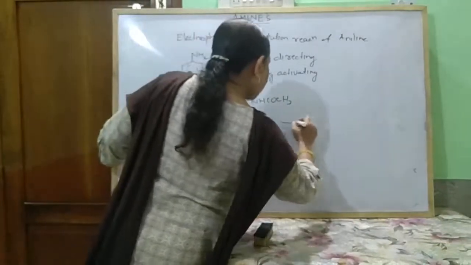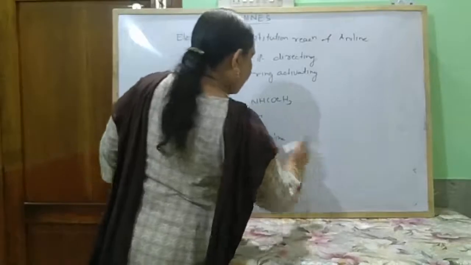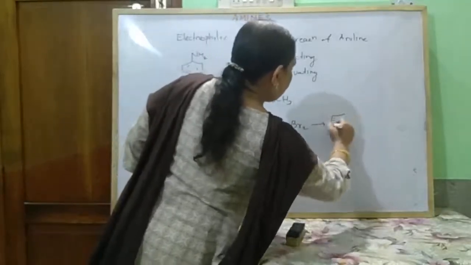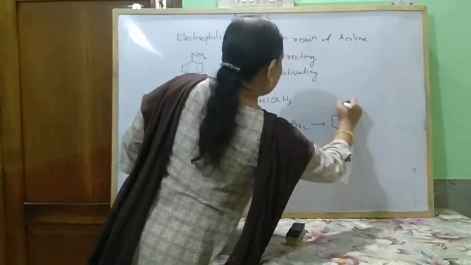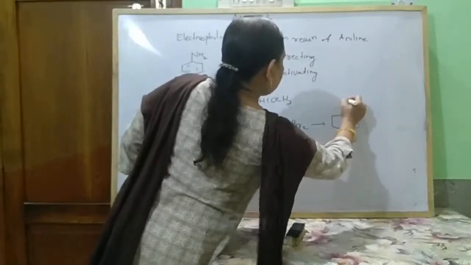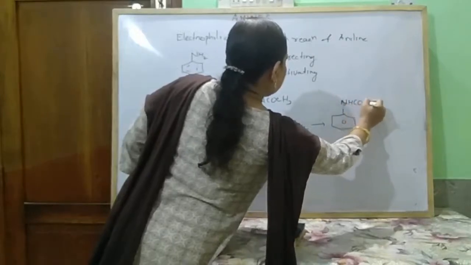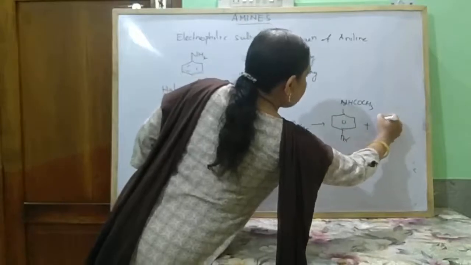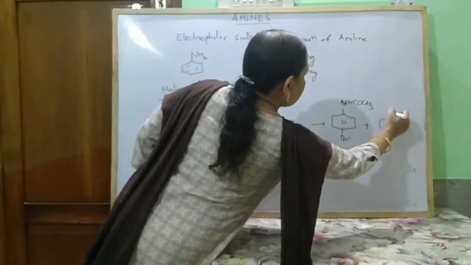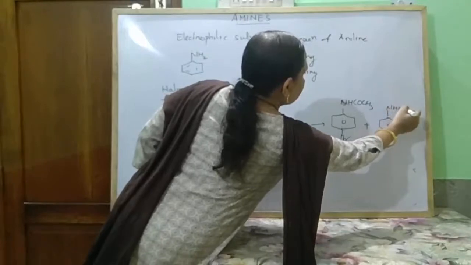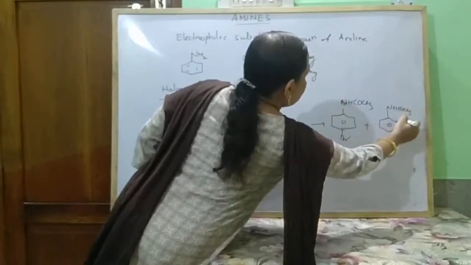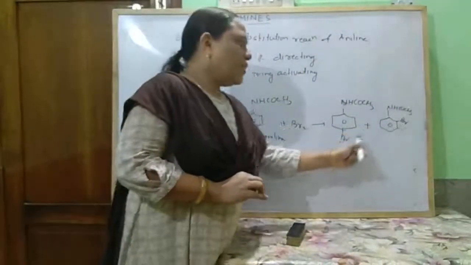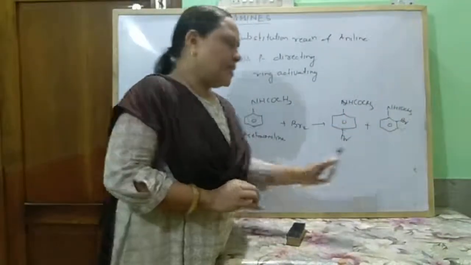And now if this is treated with bromine, then it forms a mixture of ortho and para bromo acetanilide, NHCOCH3Br.